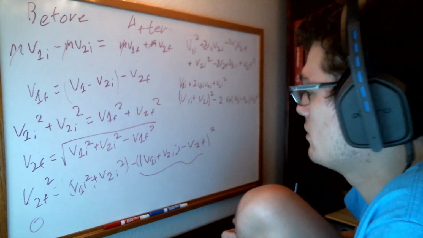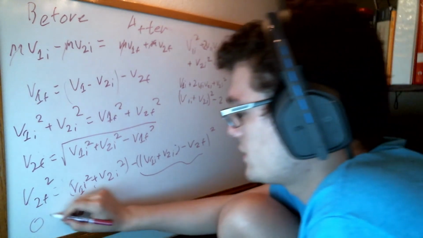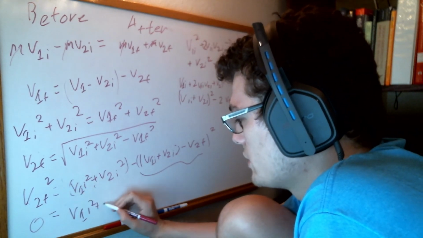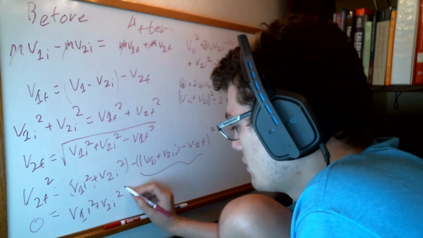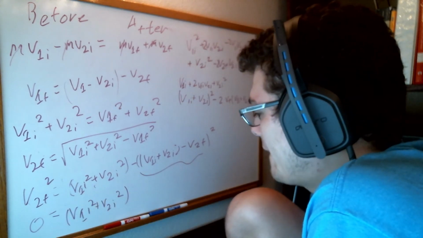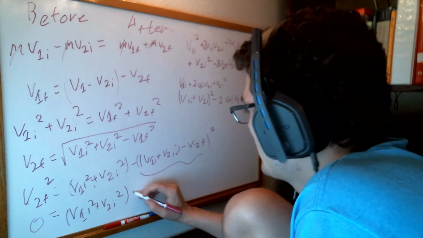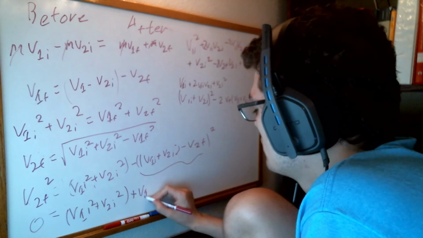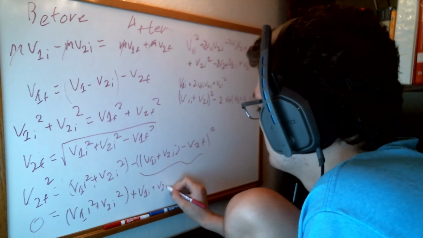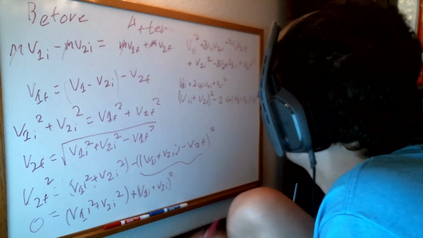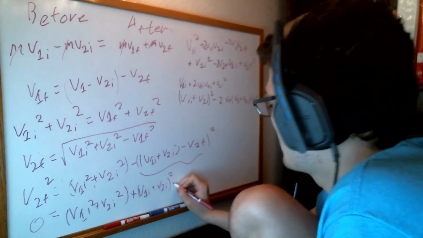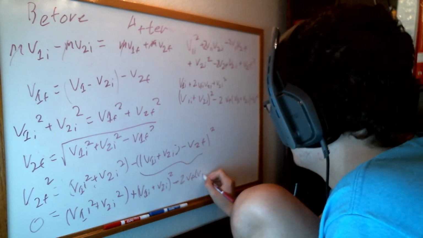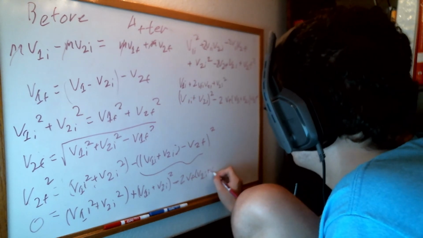And another big thing that comes out of this is that we'll have V1I squared plus V2I squared. And then we have plus a V1I plus V2I, and this is squared again. And then we just have a minus 2VF times V1I plus V2I here.